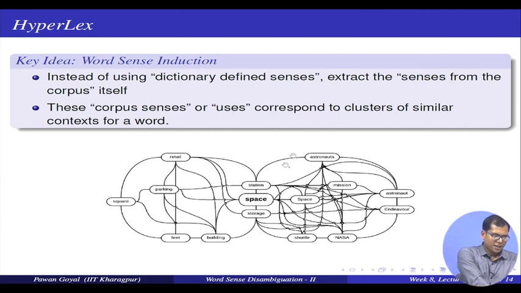Here you are seeing the word space, and there are many other words that are coming along with this space. The connections shown here mean that two different words occur together above some threshold number of times in a corpus.